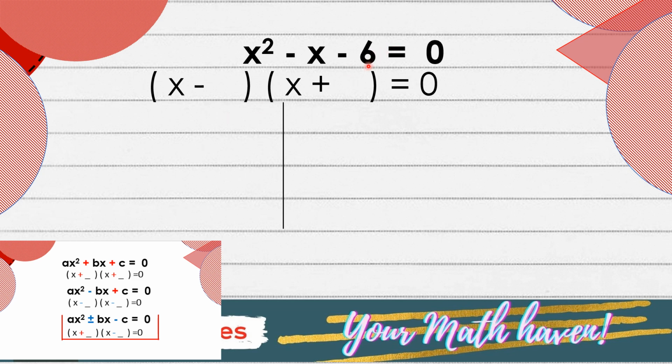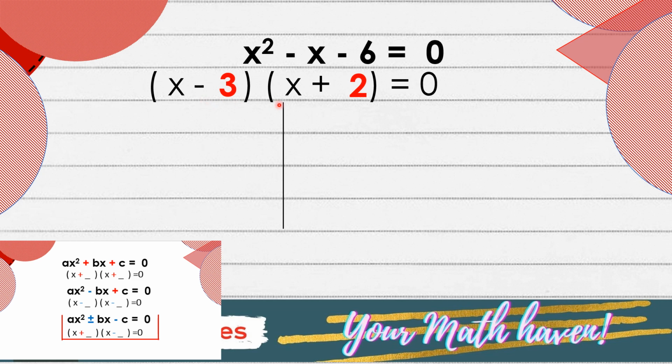So we need to think of two numbers that, if we multiply, the result is negative 6, and if we add, the result is negative 1. So the numbers are negative 3 and positive 2. To check, negative 3 times 2, that is negative 6.